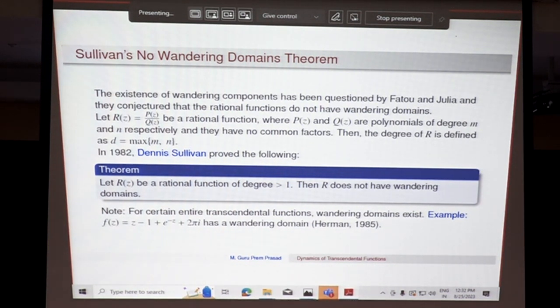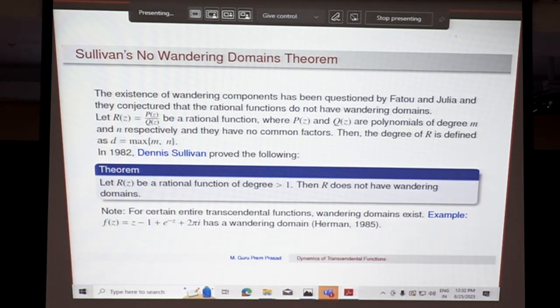But Herman in 1985 produced a transcendental entire function for which there is a wandering domain. So for transcendental entire functions there is a possibility of a wandering domain, but polynomials will not have a wandering domain.